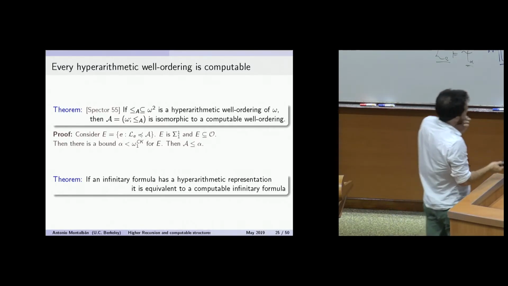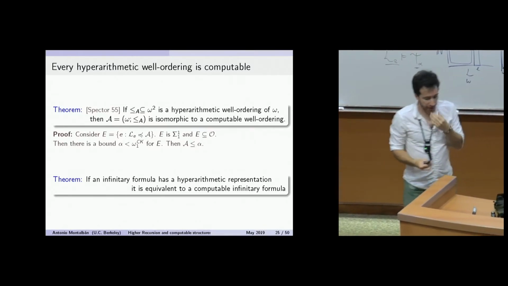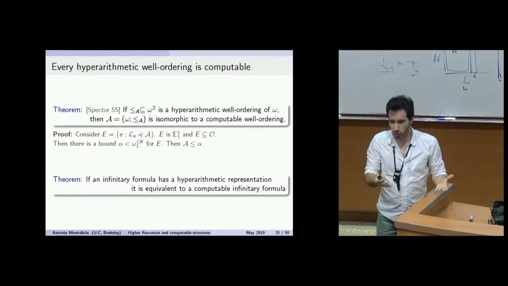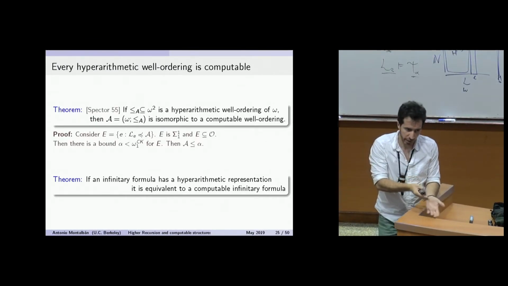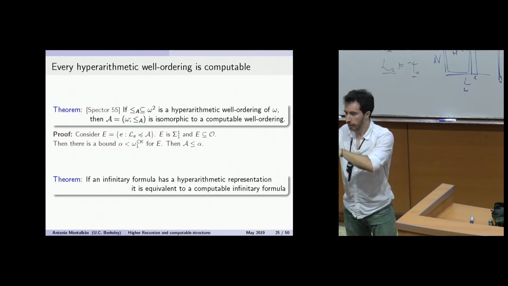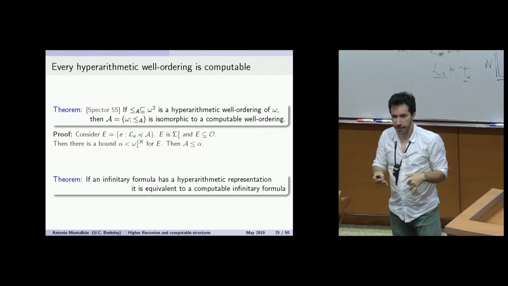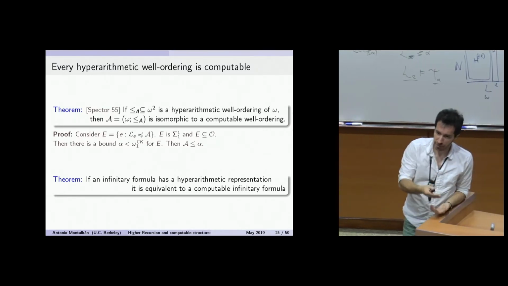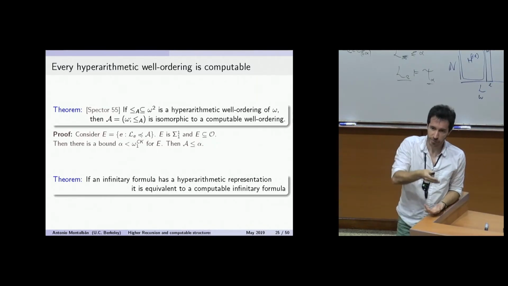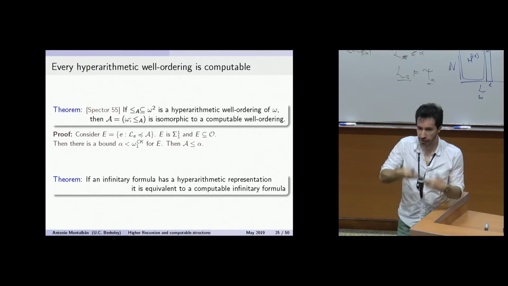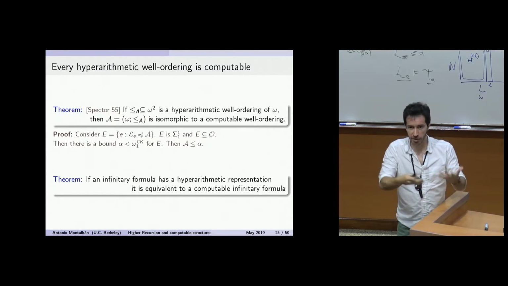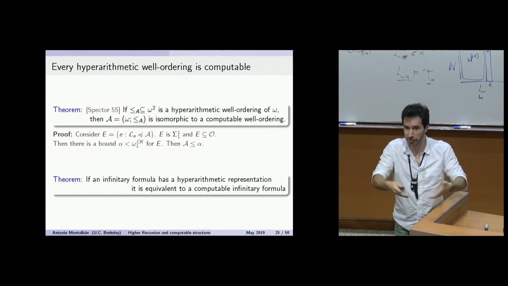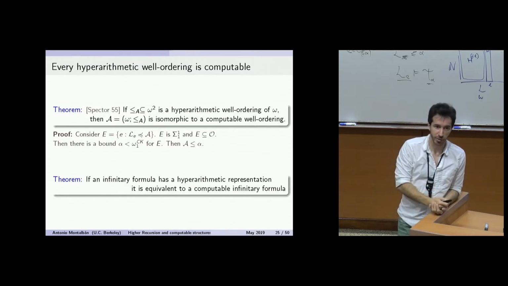So that tells you how these hyperarithmetic sets have very nice closure properties, because I defined the hyperarithmetic sets as being the ones definable by computable infinitary formulas. Now I ask, what about the sets that are definable by hyperarithmetic infinitary formulas? Well, you still get the hyperarithmetic sets. You get the same sets. So it's a very nice closure property of the hyperarithmetic sets.